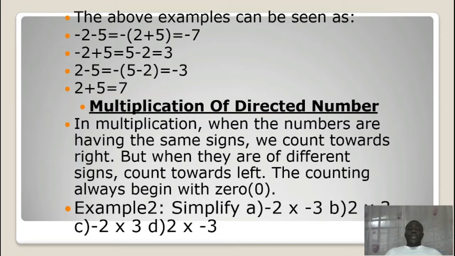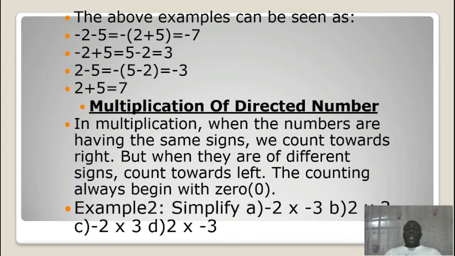Then now we are looking at something. The above example is trying to illustrate something to us. If you have two numbers without multiplication in between them, and the two numbers are carrying the same sign, what do I mean by the same sign? If we have something like minus 2 minus 5, or plus 2 plus 5, you find out that the two of them are carrying the same sign.